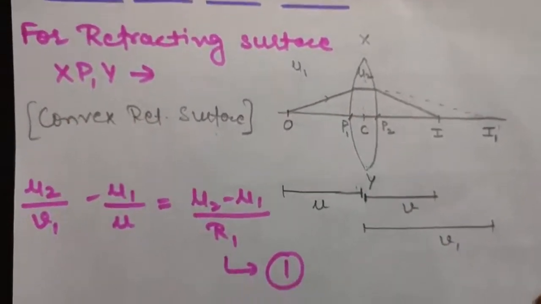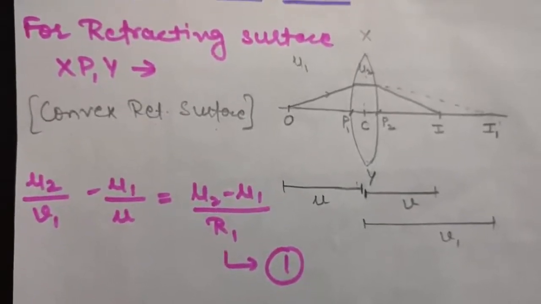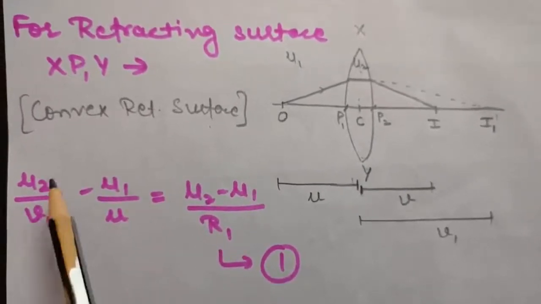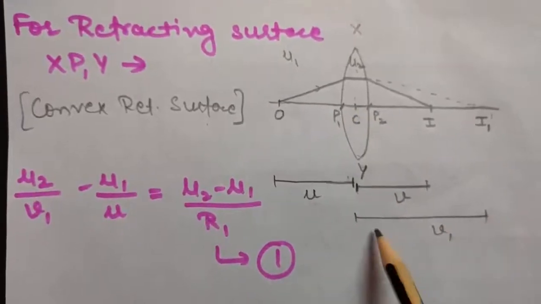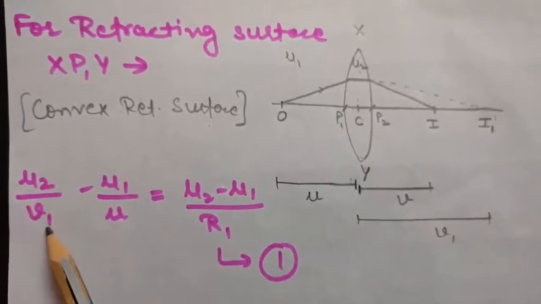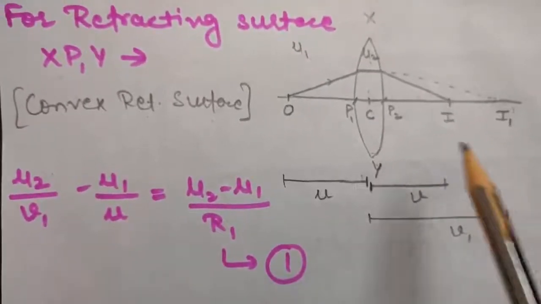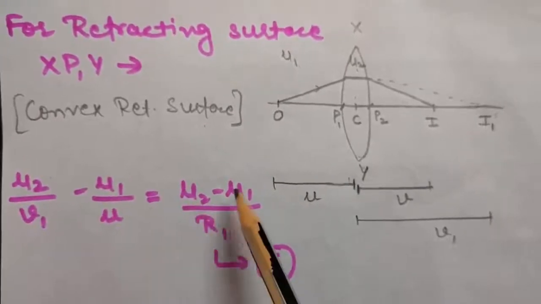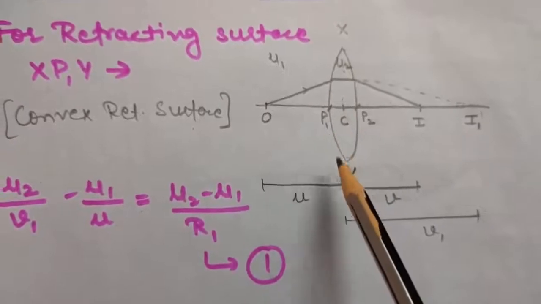For a convex refracting surface, we will use the formula mu2 upon v minus mu1 upon u is equal to mu2 minus mu1 upon r. So mu2 upon v. For this surface, as you know, v is v1. So mu2 upon v1 minus mu1 upon u. u is u only, is equal to mu2 minus mu1 upon r1, because I am taking r1 for this surface.